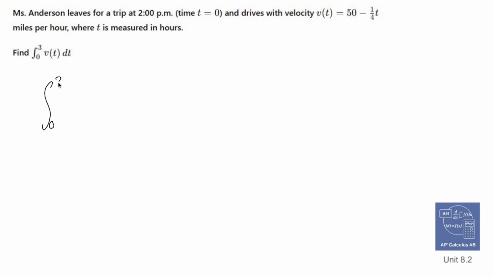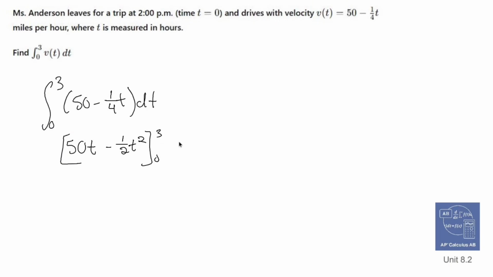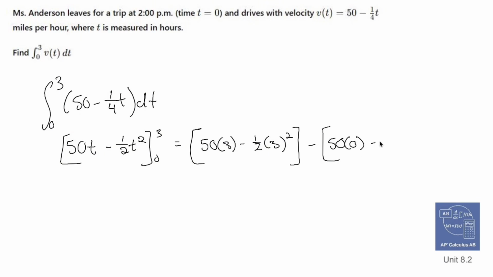The integral from 0 to 3 of 50 minus 1/4 t dt. So let's integrate that. 50 becomes 50t, and the other term becomes minus 1/2 t squared, and my limits of integration are still 0 and 3. Okay, so let's plug that in. 50 times 3 minus 1/2 times 3 squared, minus 50 times 0 minus 1/2 times 0 squared. The zero terms go away, how nice.